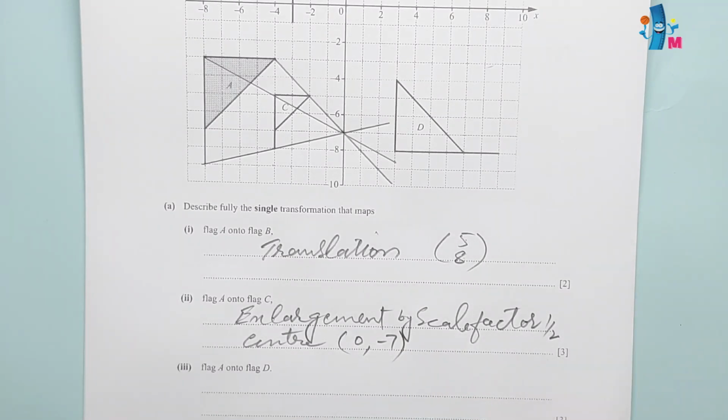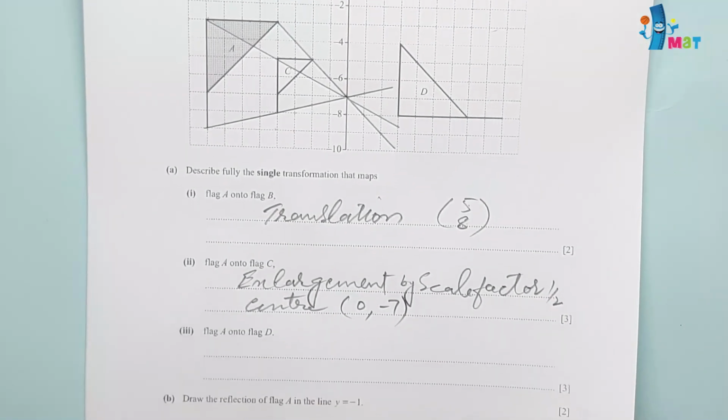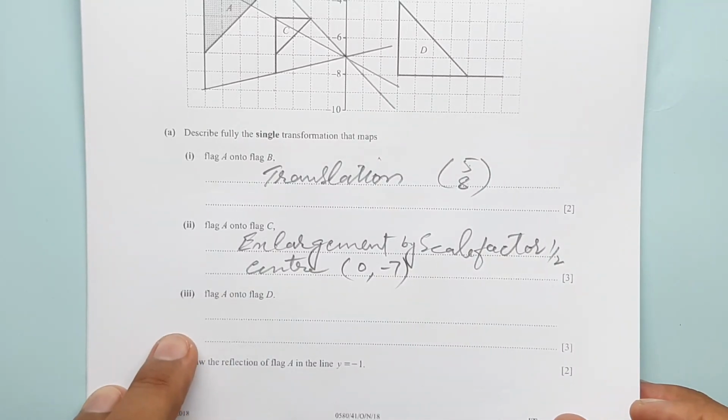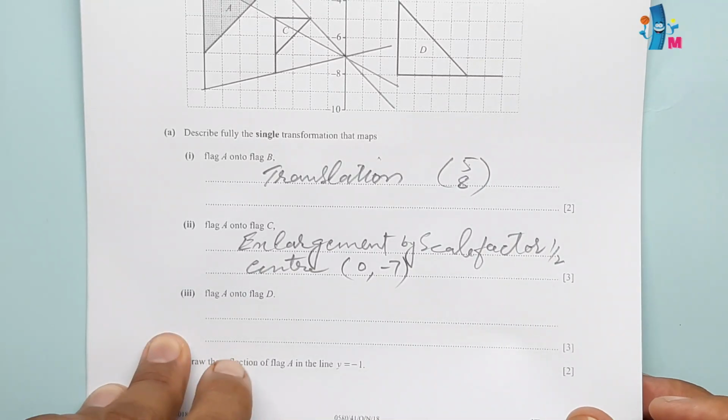So 0 and -7 will be the center of enlargement. Next part is flag A onto flag D.